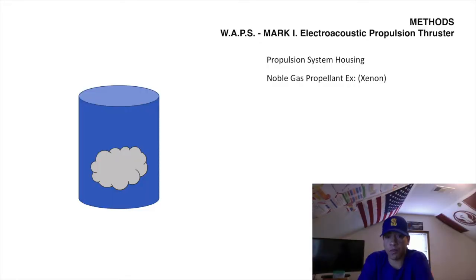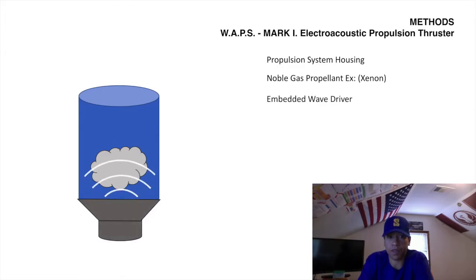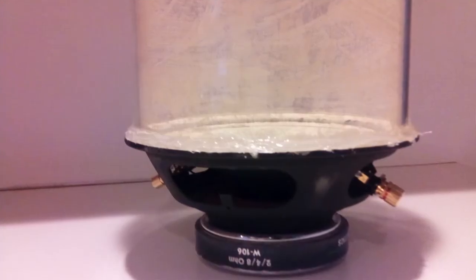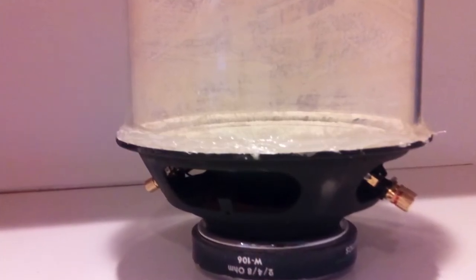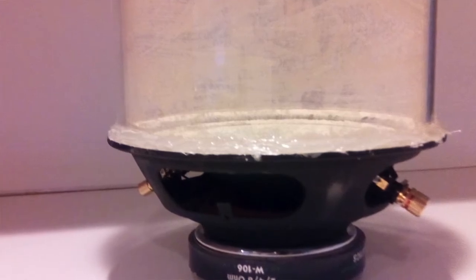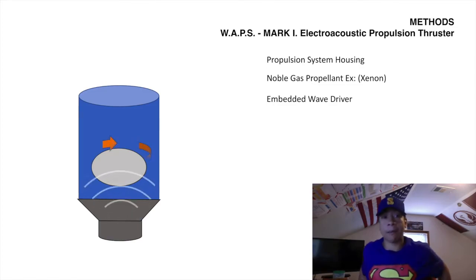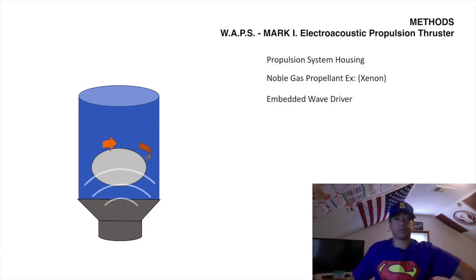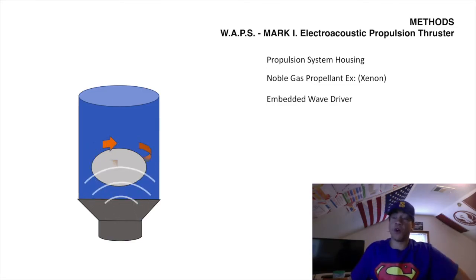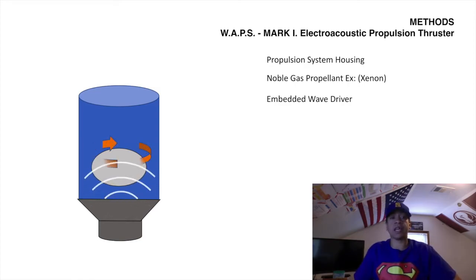The movement is going to be created by an embedded wave driver system. What that embedded wave driver system is going to do is take a random gas cloud with no formation, just floating around randomly, and put a formation in there that we're going to test out.